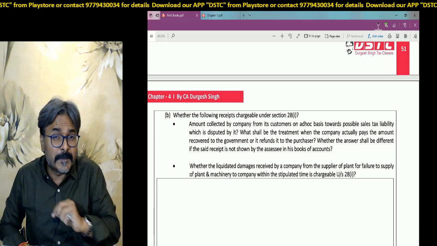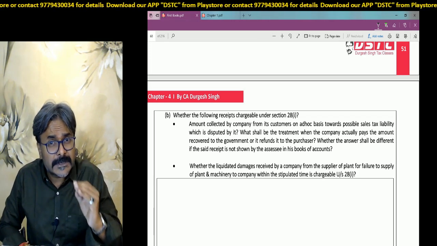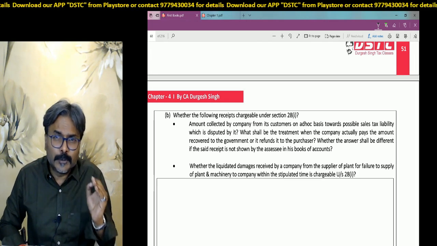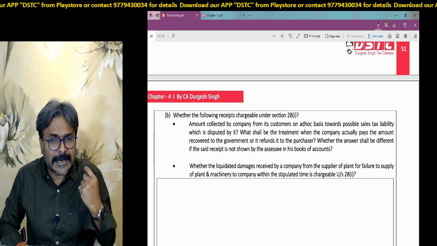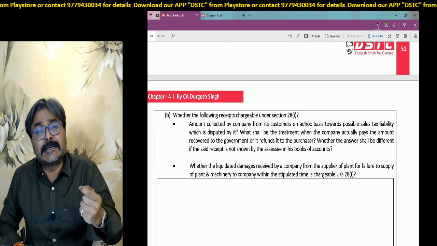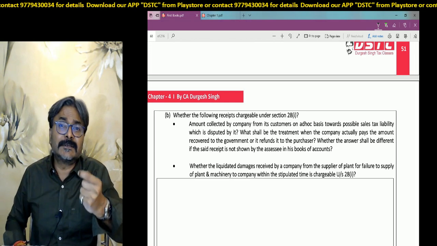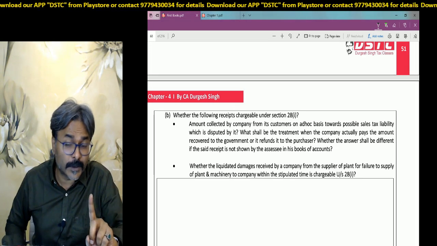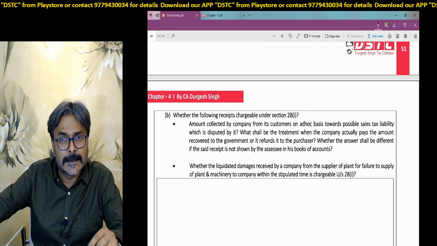So be careful, students. Read the question carefully, pick up those important aspects, and thereafter decide exactly where the answer should be directed. This is what you need to always inculcate.